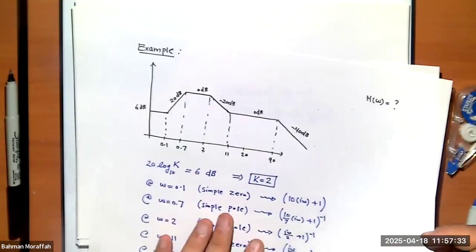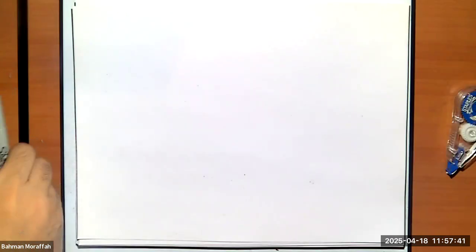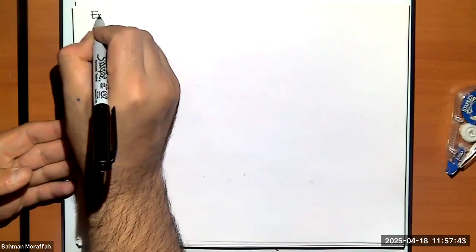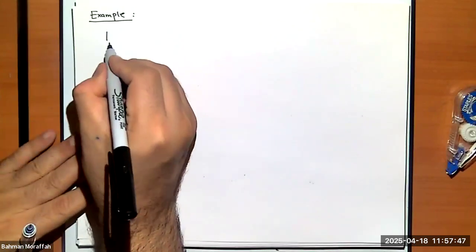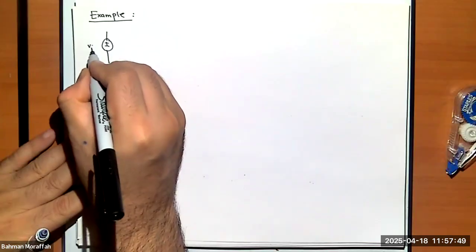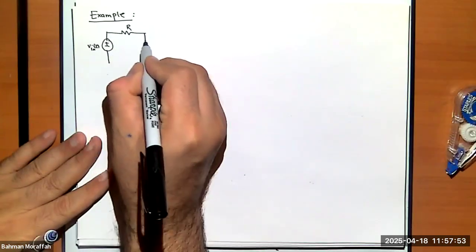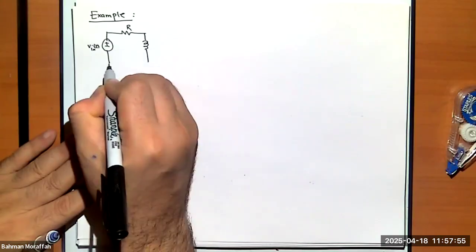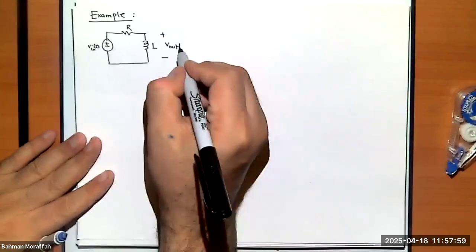Any question? Let's do an interesting example as well. Let's just say I have these two circuits, V in, R and L, and the voltage across this is V out.